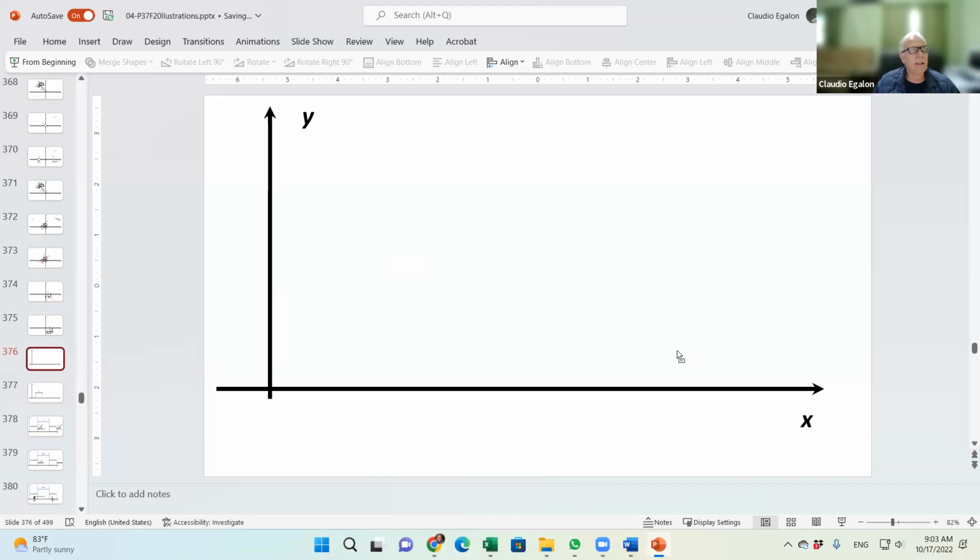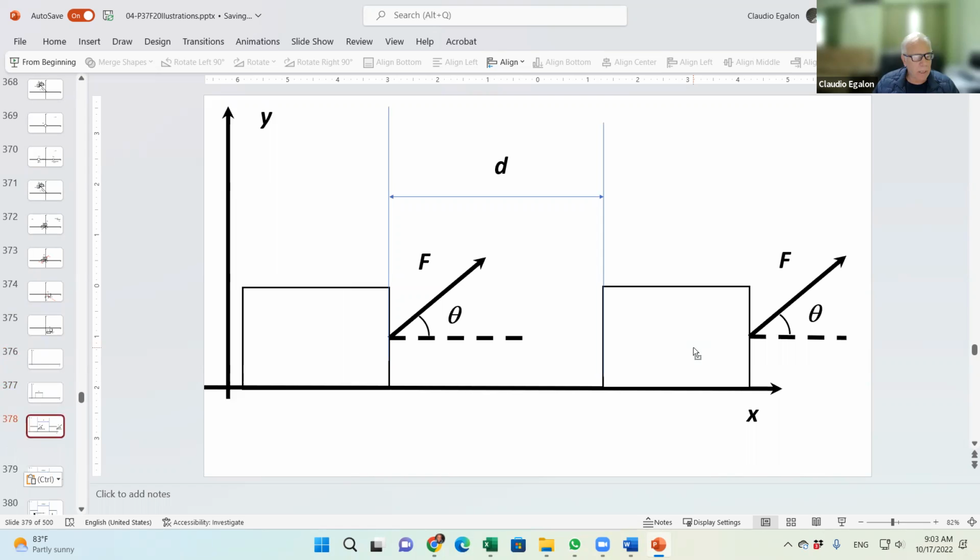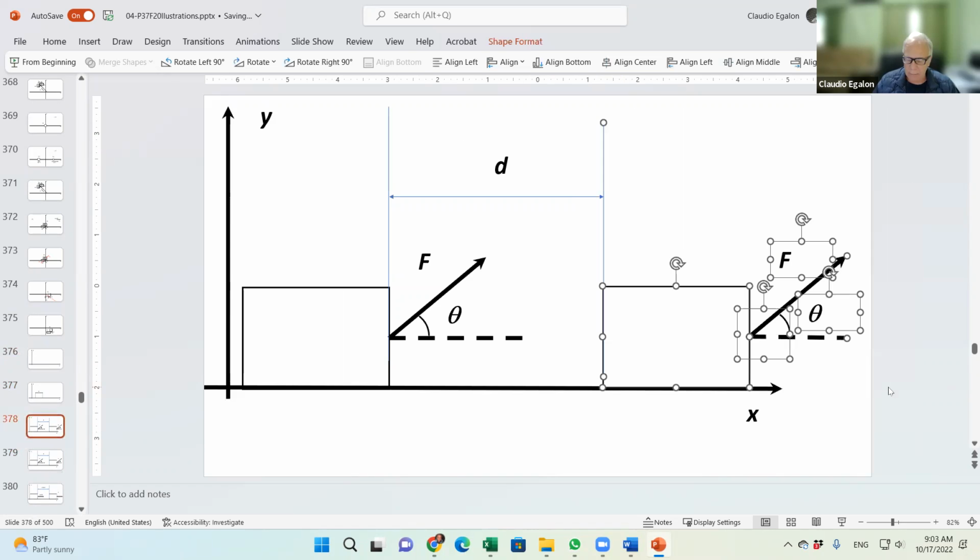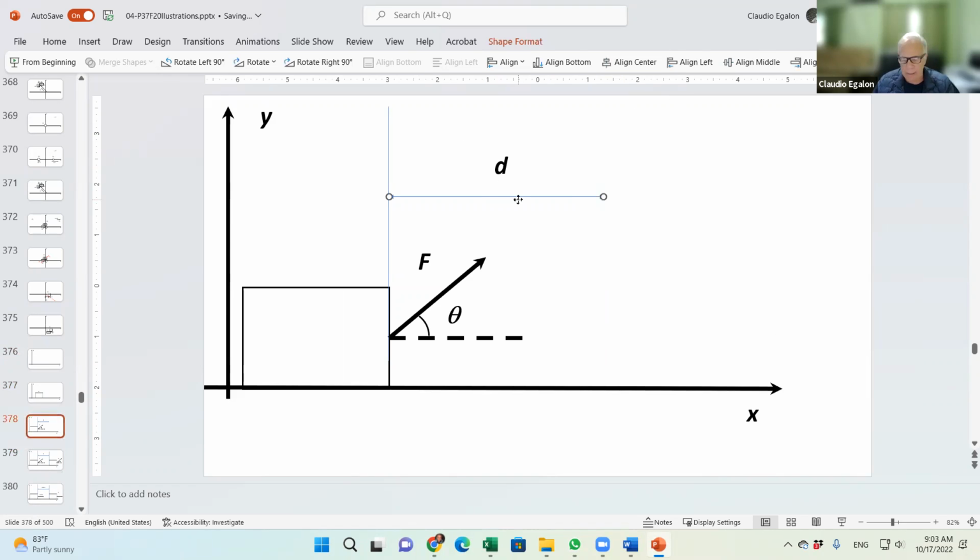There you go. Consider a mass sitting in the XY plane. Okay, and this object is subjected to a force, whatever direction it is. We need this introduction before you understand the idea of work.